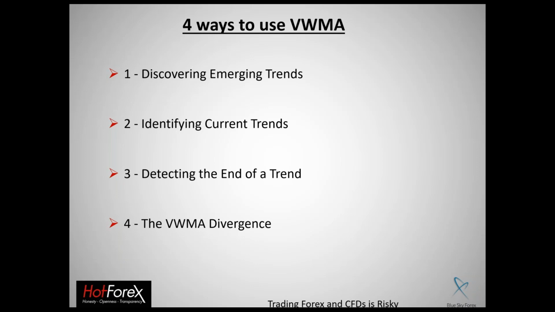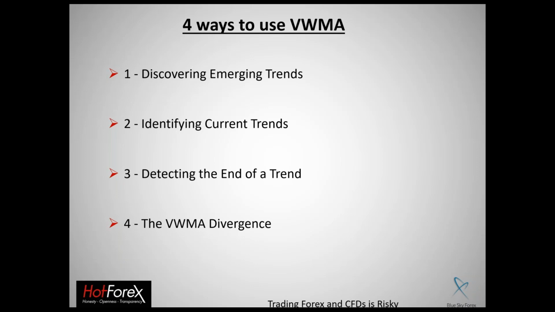So, four different ways you can implement the volume weighted moving average and its benefits. You can use it to help you discover emerging trends. It will help you understand current trends.